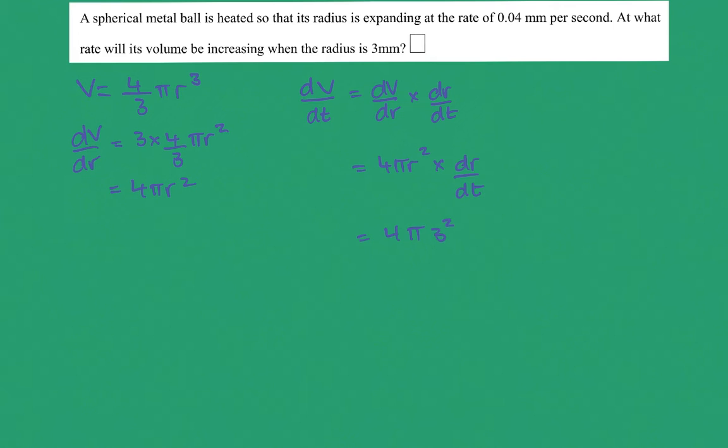Now the radius is 3 from the question, and dr/dt is 0.04, and our answer is 4.52 millimetres cubed per second.